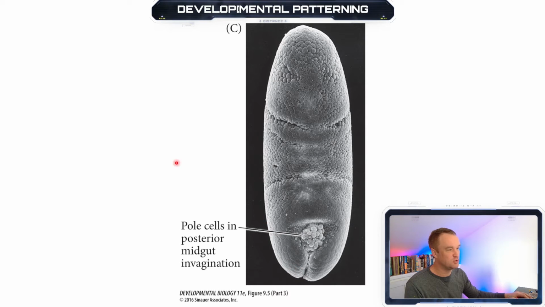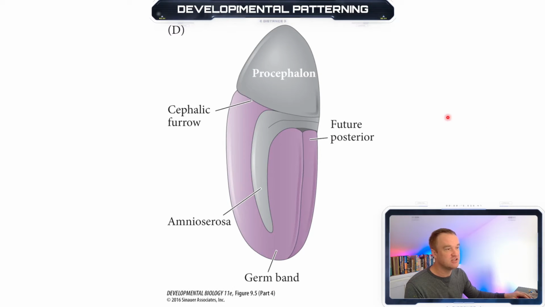This is the dorsal view of the slightly older embryo, showing these pole cells down here at the bottom. They'll go on to form the midgut when they get invaginated here. So this is kind of a better view here. So we have this cephalic furrow, so the head's going to be up here. This future posterior furrow, future posterior right here.